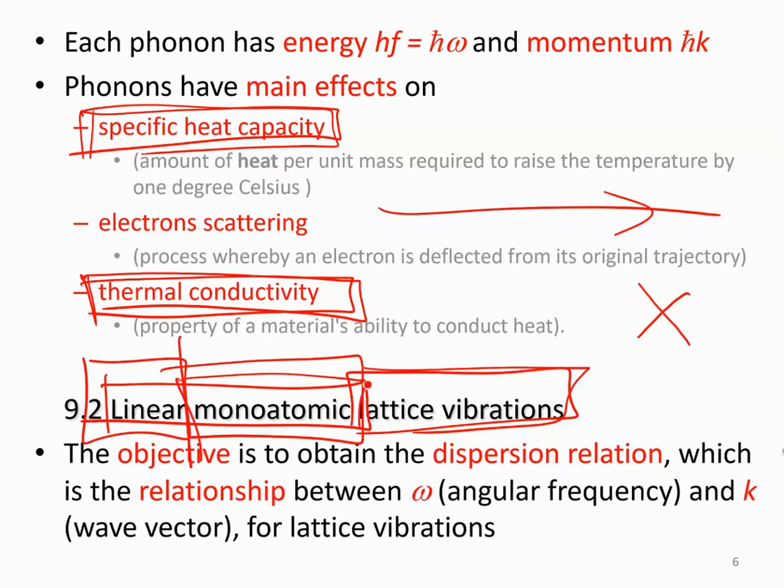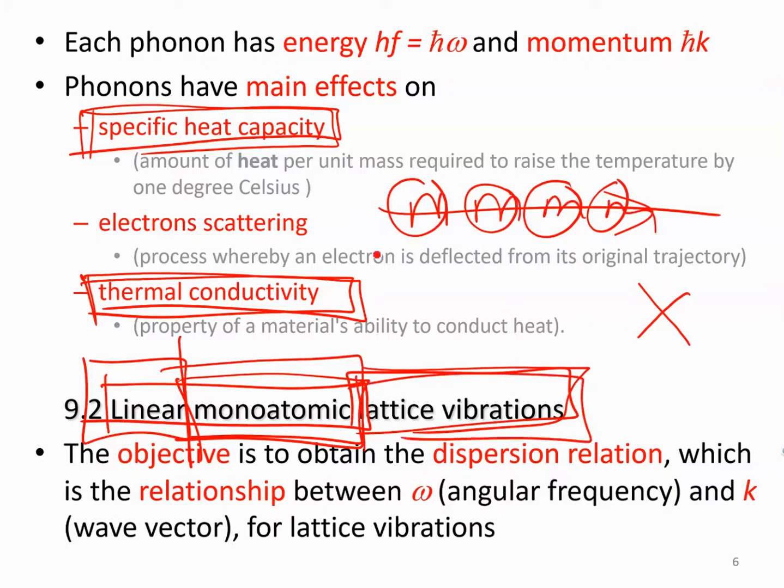And monoatomic means that it only has one type of atom with the same mass. So if the first atom is M, then the second atom is also M, the third atom is also M, the same mass. Then we have to know the lattice vibration for this model.